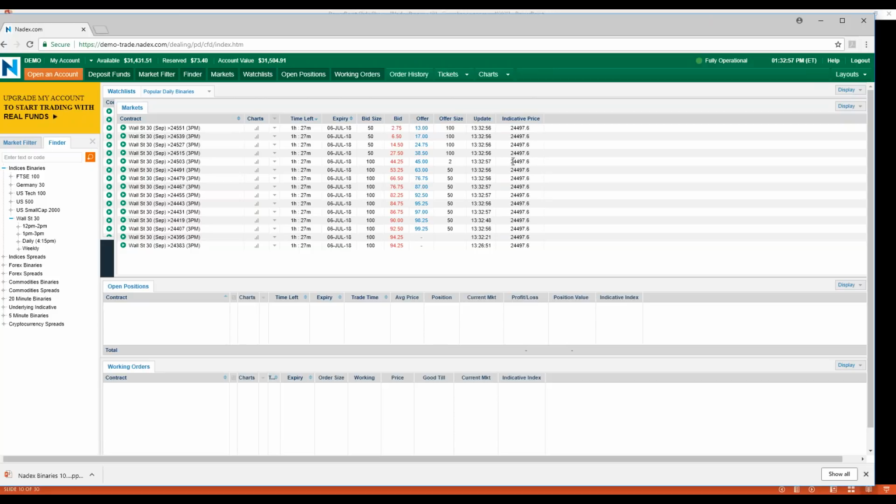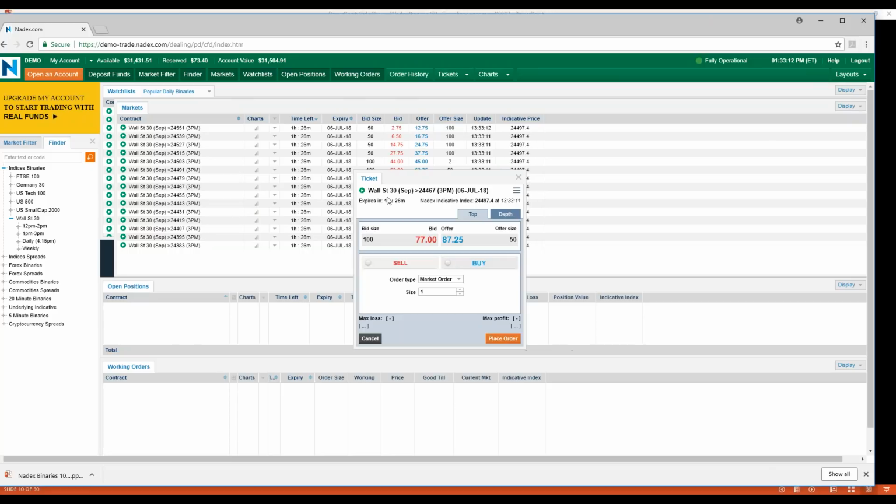Well, what is this strike right here that's priced at $87 for me to buy? 24,467. So what is this statement saying? That the market will be greater than 24,467, right? Everybody agree? It'll be greater than 467.